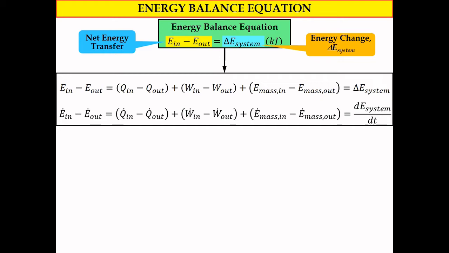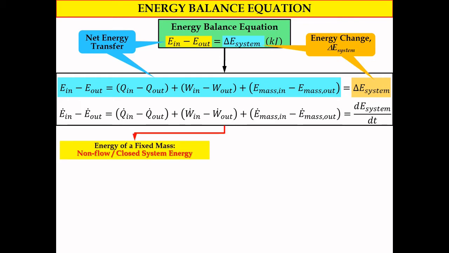So this second equation is based on the rate of energy. Q in minus Q out plus W in minus W out plus E mass in minus E mass out is also referred to as the net energy transfer, and delta E system refers to the energy change, as I mentioned before.